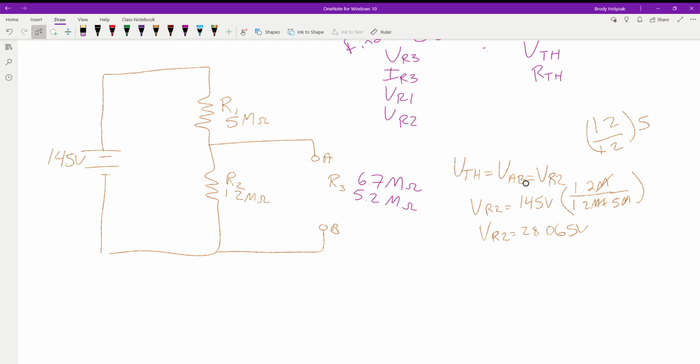V-Thevenin is the voltage across AB, which in this case is the voltage drop just across R2. So we take the 1.2 meg divided by the 1.2 meg plus the 5 meg, multiply that by 145, and that gave us 28.065 volts. So that is our Thevenin voltage to start with.